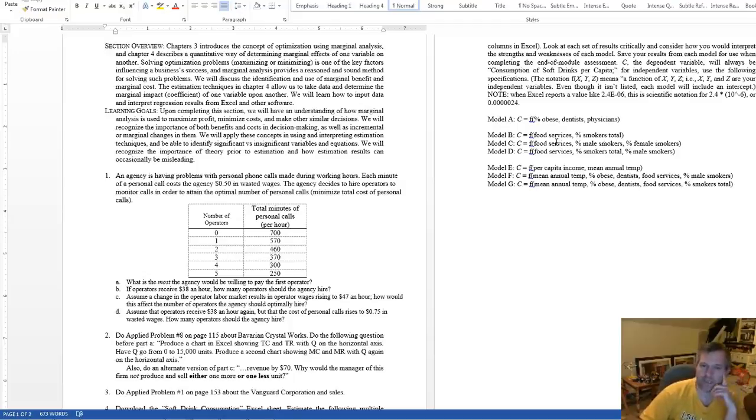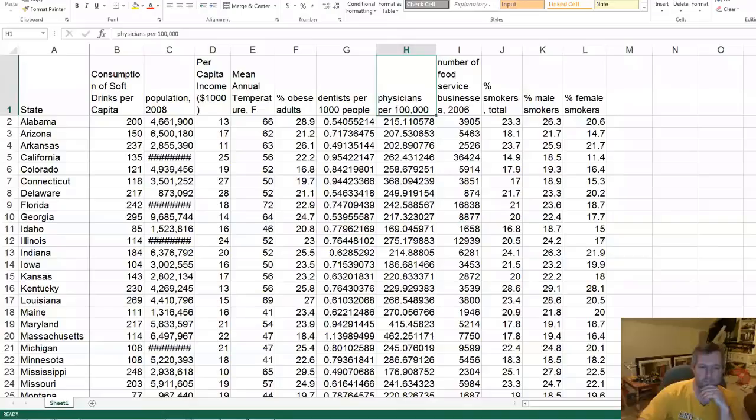So B, C, and D are somewhat similar. For model B, I've got food services and then percent smokers, and those are right next to each other. So you'll have consumption as your dependent variable, and these two columns as your independent variables.